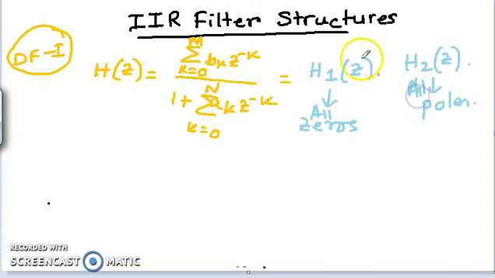Okay, and they are in cascade form. Now I am going to get the difference equation of the all zero system and I will get the structure from that. Similarly, I will get the all pole system and get the structure form from that. Now how can we proceed in that way?